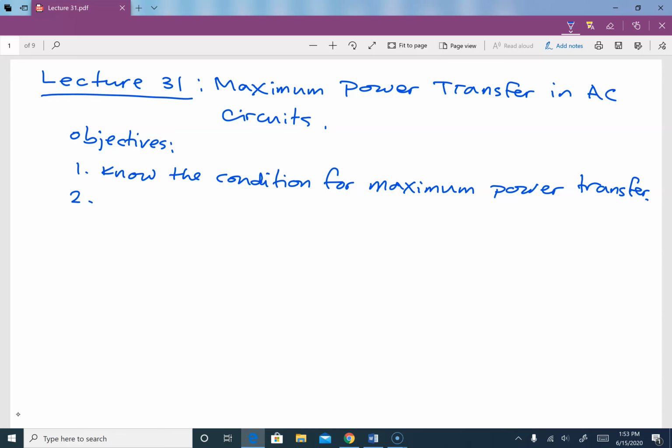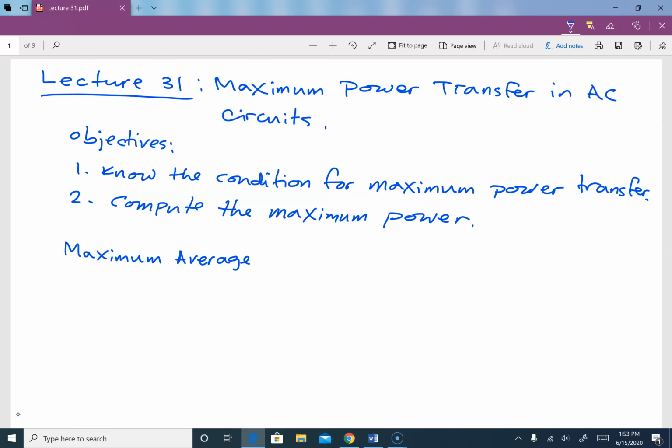And the second objective is to compute the maximum power. So, maximum average power transfer.